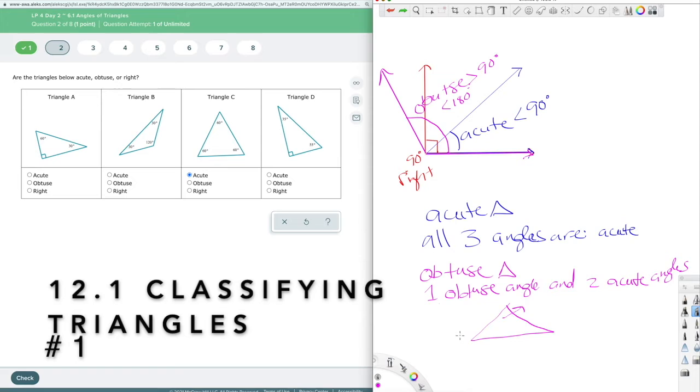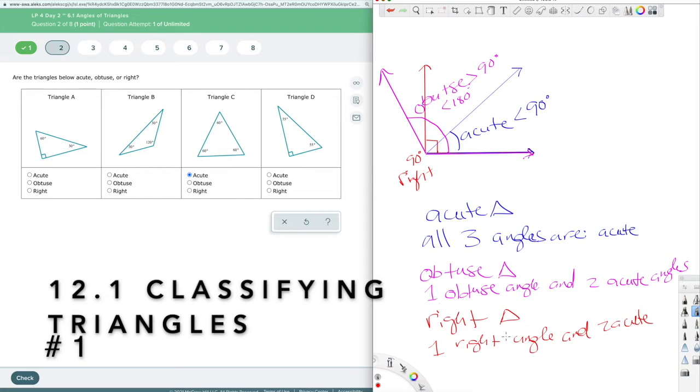So this just works directly off the triangle angle sum theorem. If I have one angle that's larger than 90, the other two must be less than 90. They must be acute angles. And we'll go over there and categorize those two in just a second. And then we have a right triangle. So this is the same idea as obtuse, except instead of one obtuse angle, it's one right angle and two acute angles. And again, this works directly off the triangle angle sum theorem.